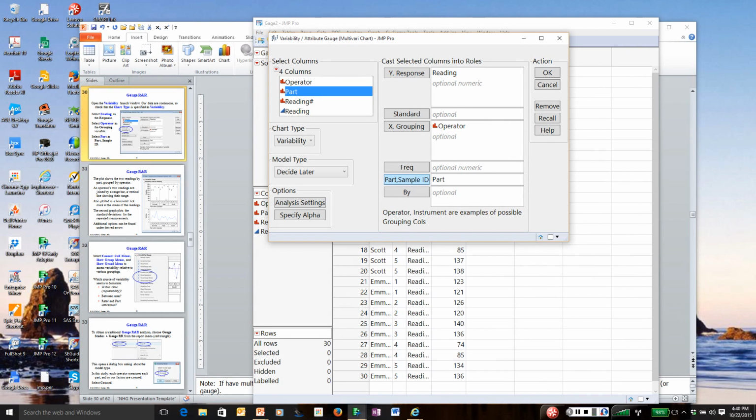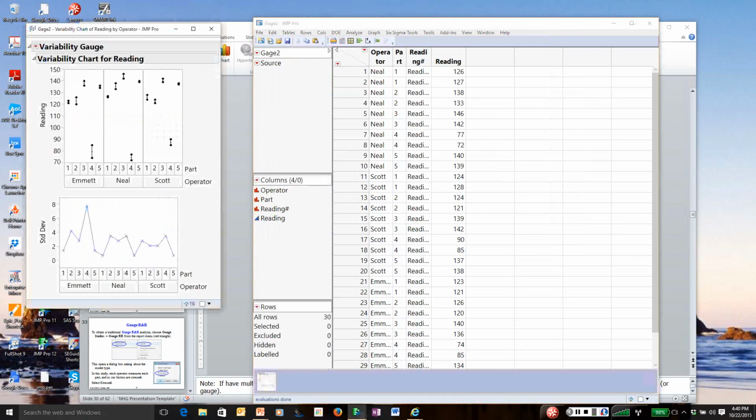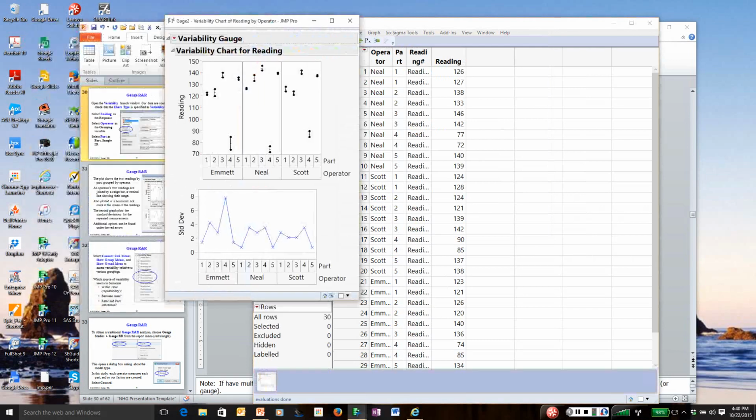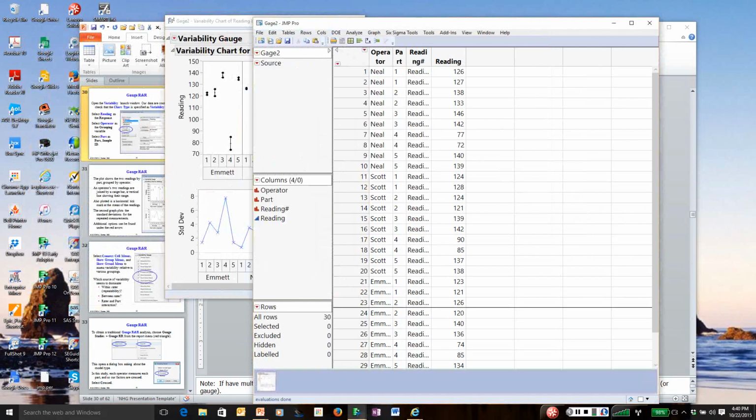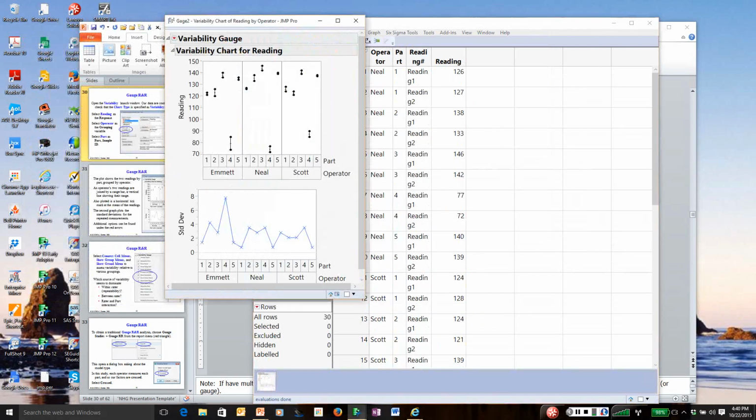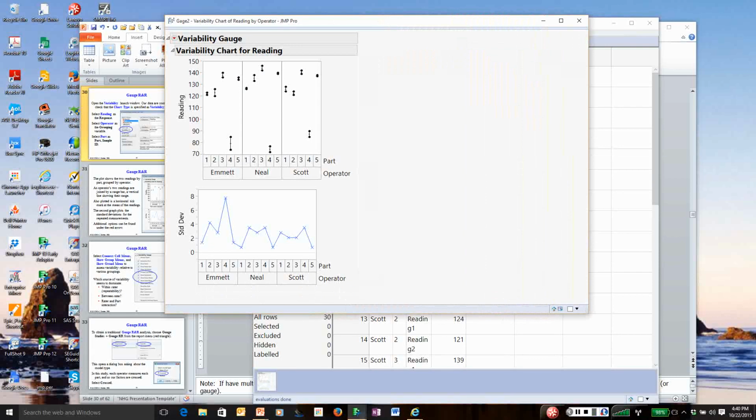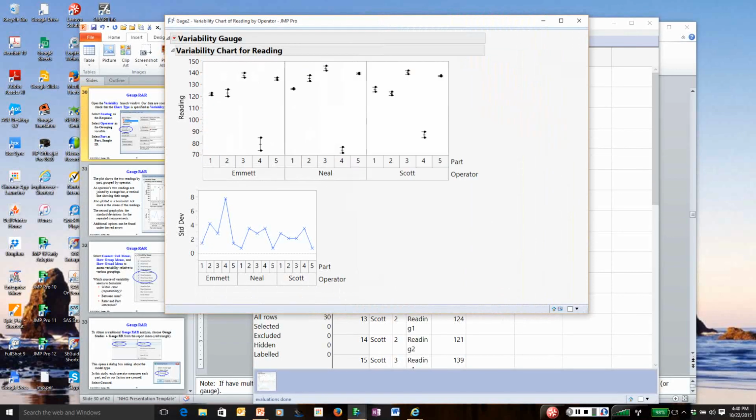Okay, so I'm going to go ahead and click OK, and then you'll see what's sometimes called a multivari chart. I actually like these charts in general. It's basically a stratified scatter plot. Again, an old term for it going back to the 1930s is a multivari chart.